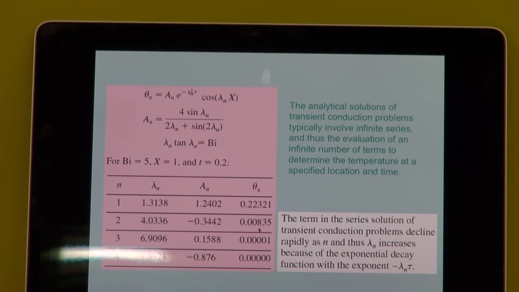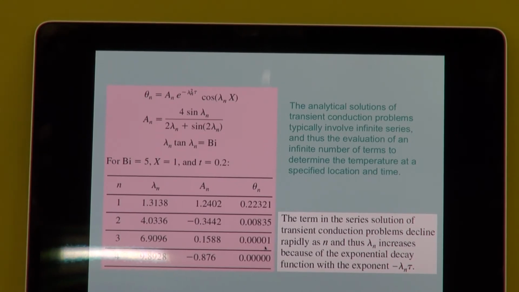We can see it is small, and if you add this value with that value, it will only have an influence on that second digit. You agree? If you do it for n equal to 3, then the non-dimensionalized temperature is equal to 0.00001.